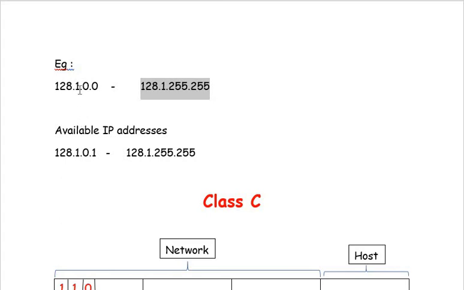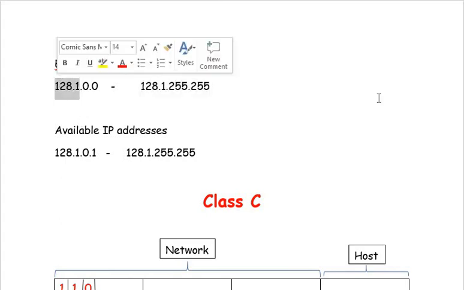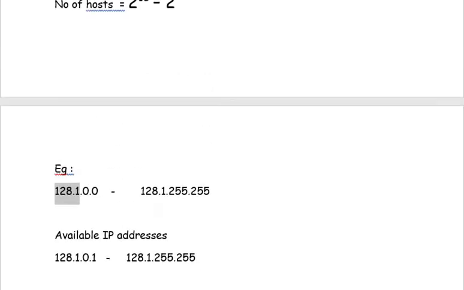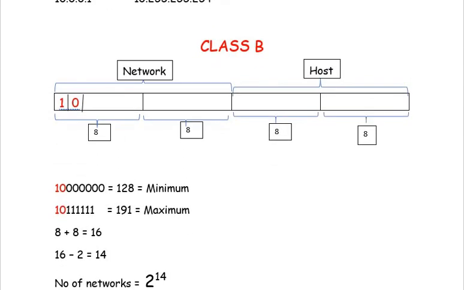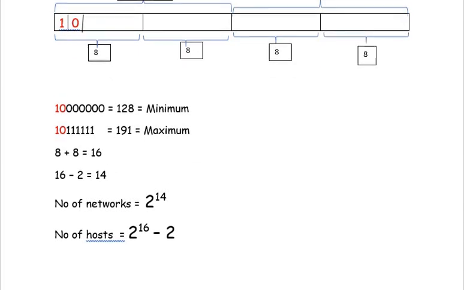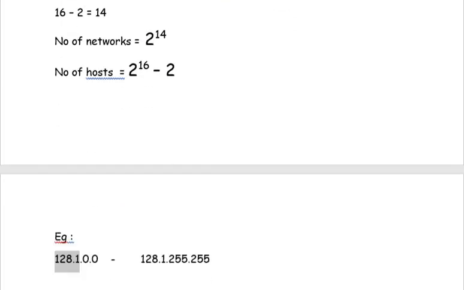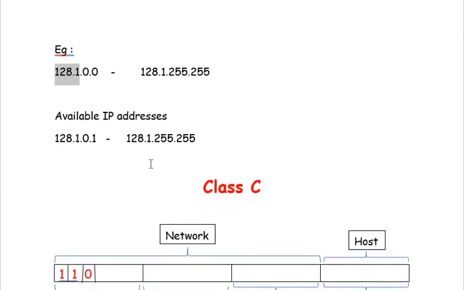Available IP addresses: 128.1 is fixed, because in class B the network part is the first 16 bits. Available IP addresses are 128.1.0.1, 2, up to 128.1.255.254.